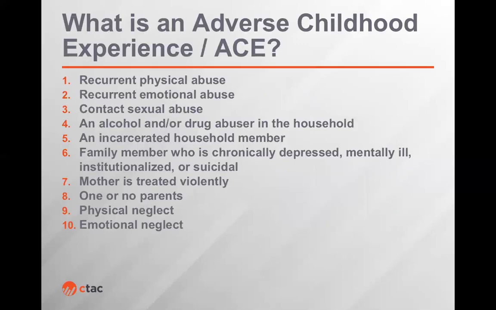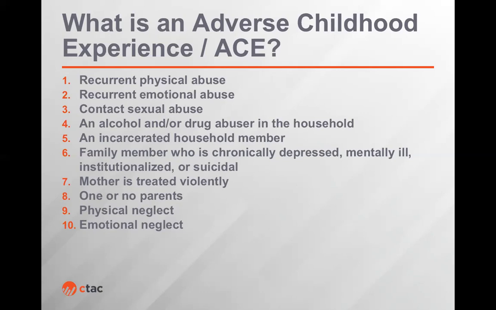I imagine many of you on this webinar are familiar with ACEs. If you're not, please spend some time Googling it. ACEs is definitely not all inclusive of all of the adverse childhood experiences one might have, but instead it's a starting point for a conversation.